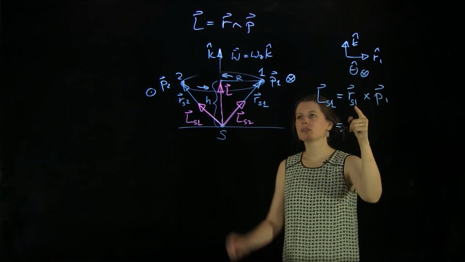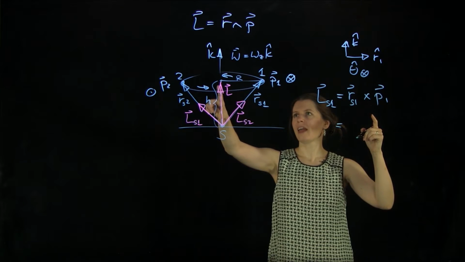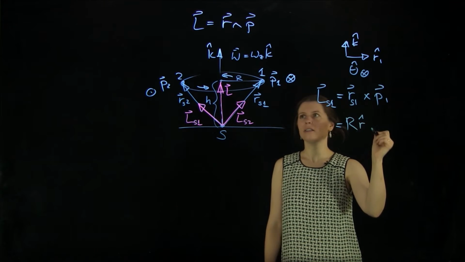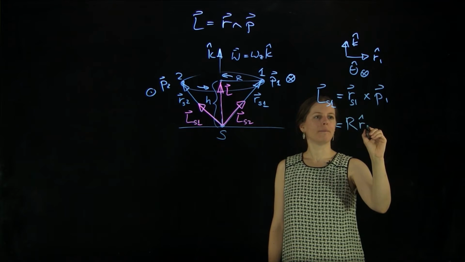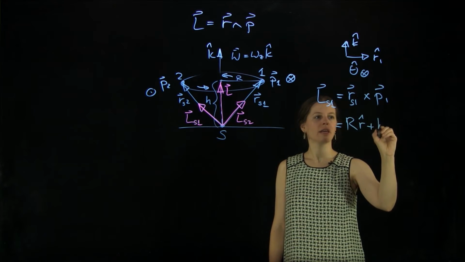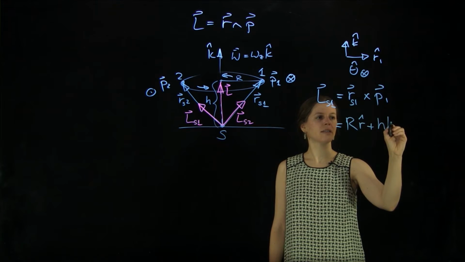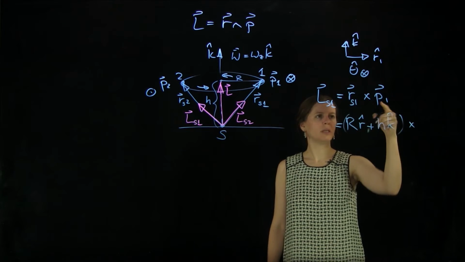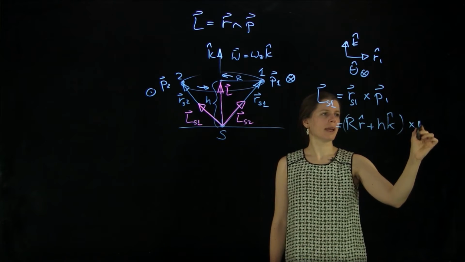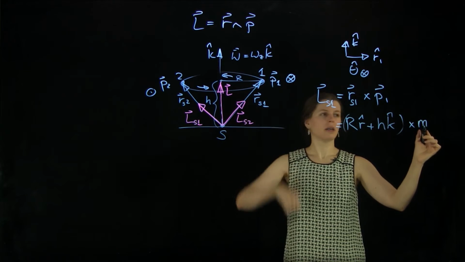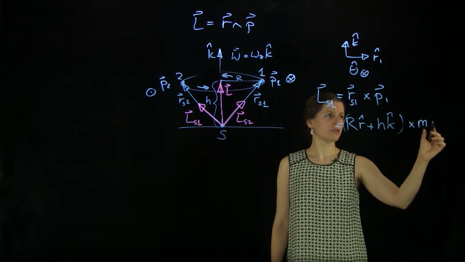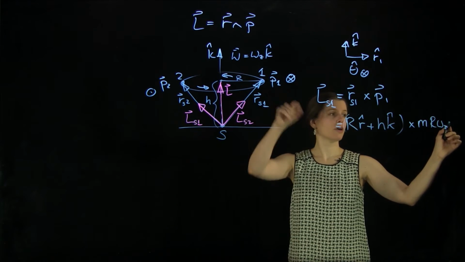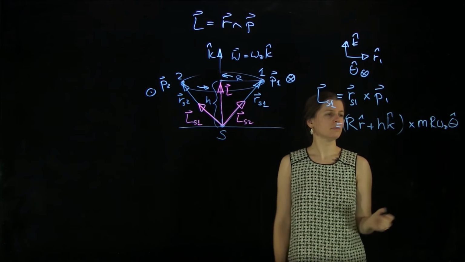We can express this vector with h and with r: r in the r-hat direction plus h in the k-hat direction, cross p. And p is the mass of the particle times the angular velocity component, that is r omega z, and that goes in the theta direction.